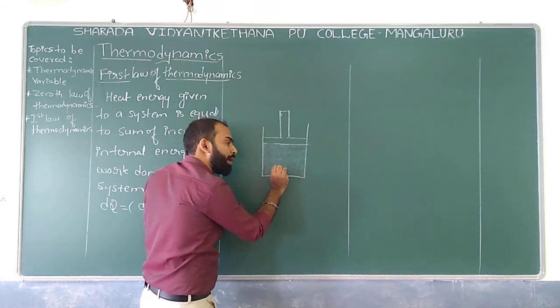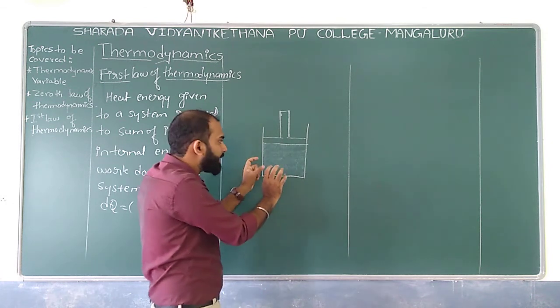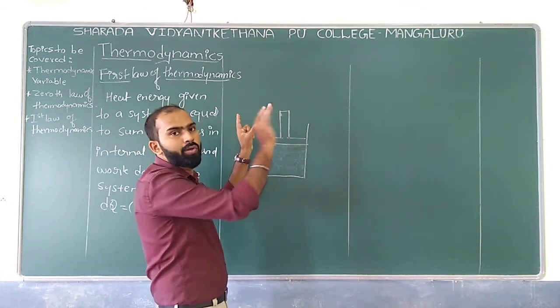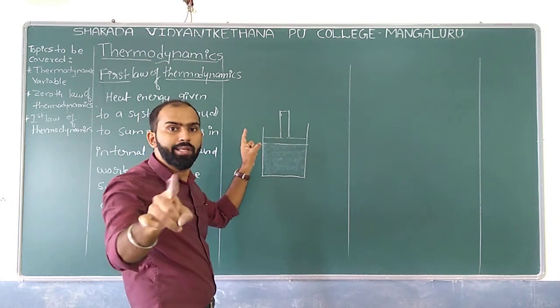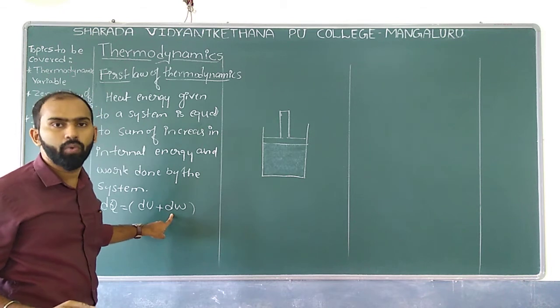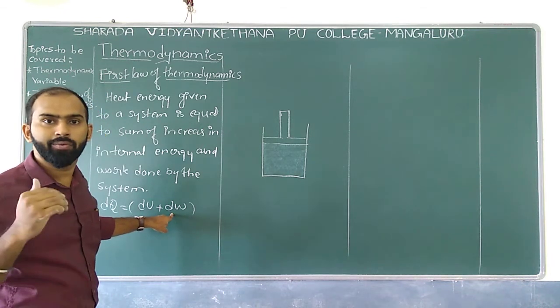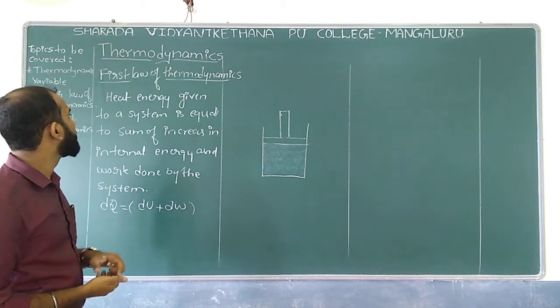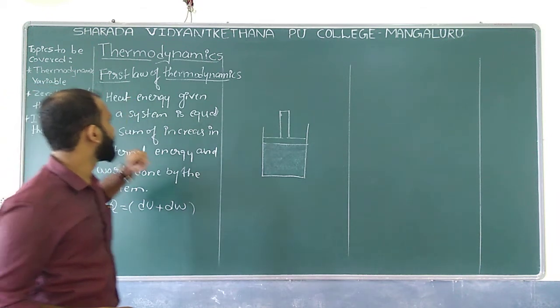Okay? So if work is done by the system, what happens? This system is going to expand. If there is an expansion, it means there is an increase in volume. Volume basically deals with what? Work done over here. So this is what we can find, especially under the concept of the first law of thermodynamics.